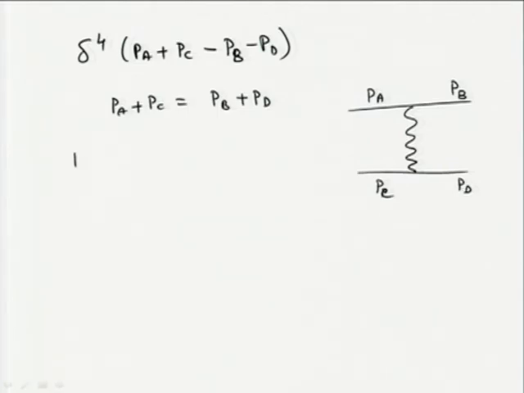I will get Pa0 plus Pc0 is equal to Pb0 plus Pd0, or essentially when you consider the 4-momenta, this is energy of the particle A plus energy of the particle C is equal to energy of the particle B plus energy of the particle D. When I said particle D, I mean the corresponding particle in the final state, the second particle in the final state.